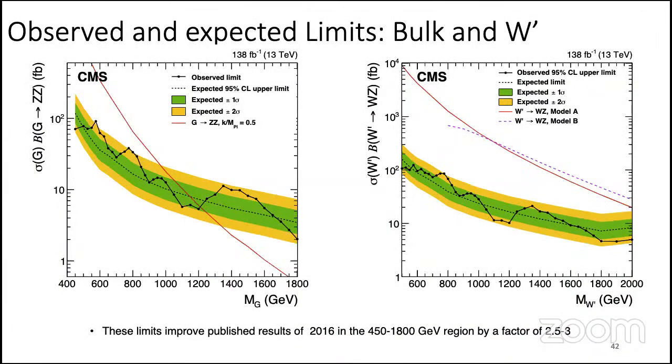And finally, we observe no significant excess of the graviton going to ZZ in this invariant mass distribution, and in the case of the W prime going to WZ, but these limits improve the previous results from 2016 in this invariant mass region by a factor of 2.5 to 3 times in the mass results.